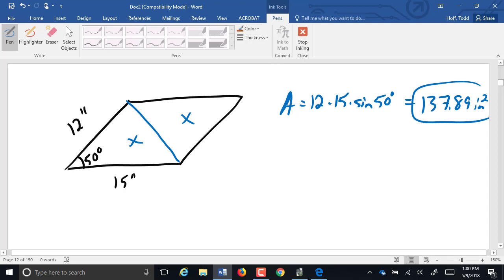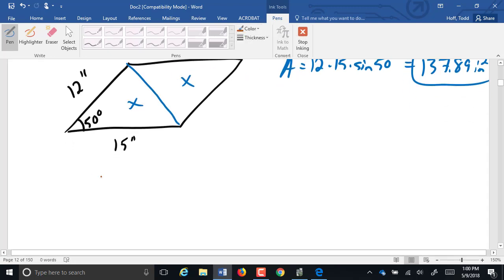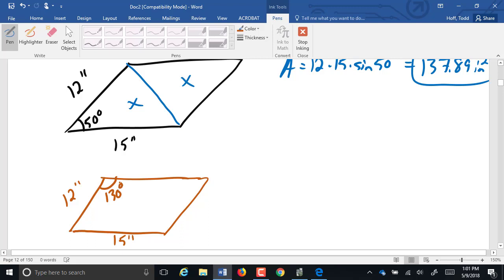What if you were told we have 12 by 15, but we're told that angle is 130 degrees? Well, I still find that area, can't I?